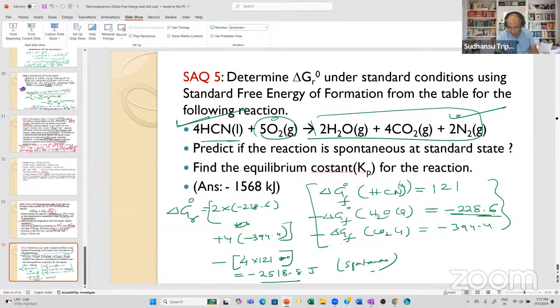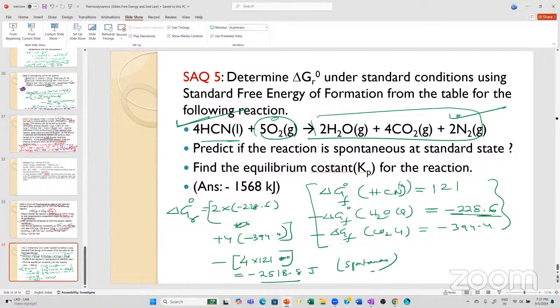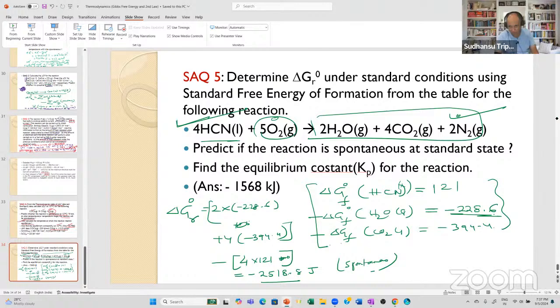What expression will you be using? Are you directly using ln or log? Sir, ln. Okay, then ln Kp is equal to what? Tell me, what is the formula?